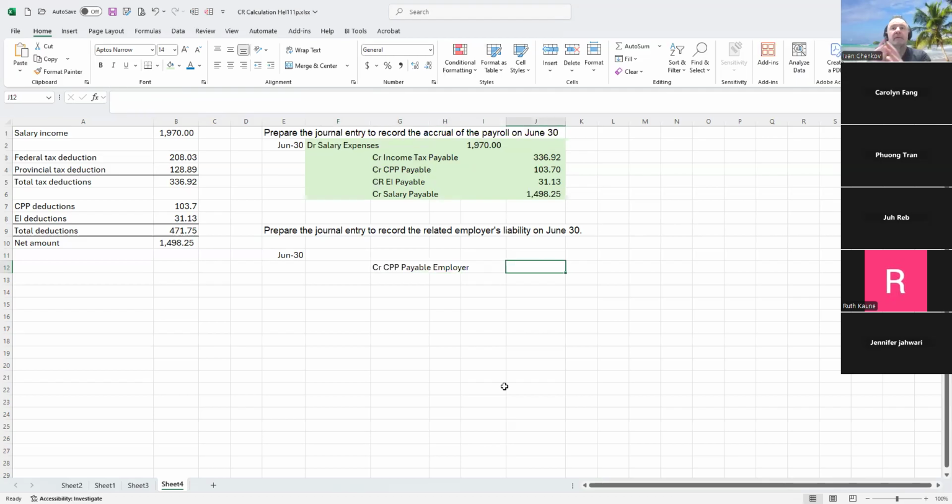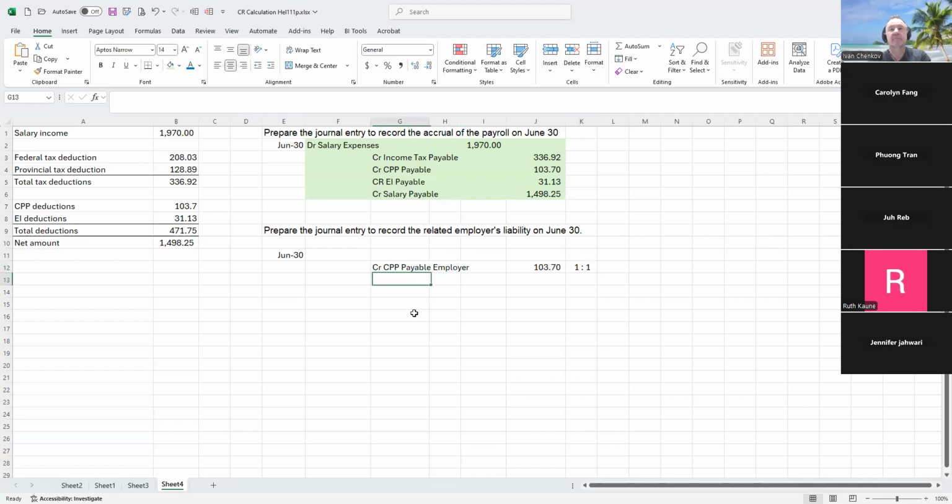How much does he have to pay? What was the rule? 103.70. Exactly the same, dollar for dollar, right? In this case, the employer pays dollar for dollar, a 1-to-1 ratio.